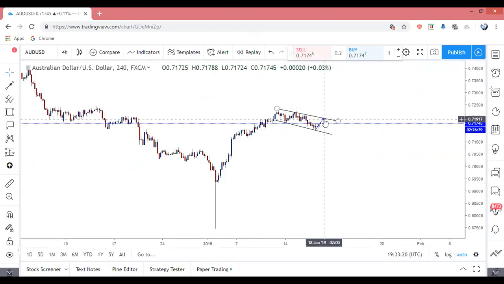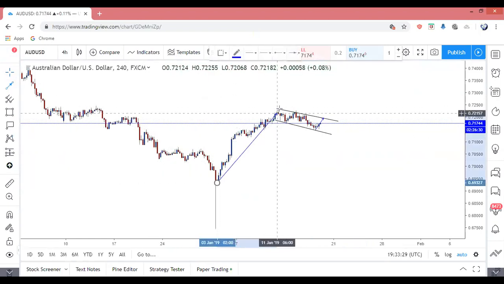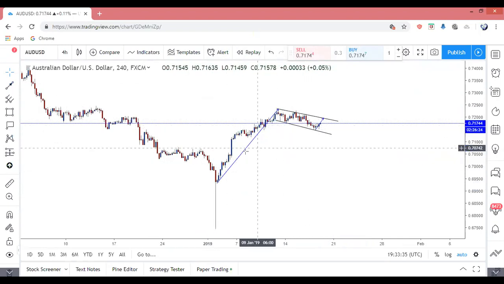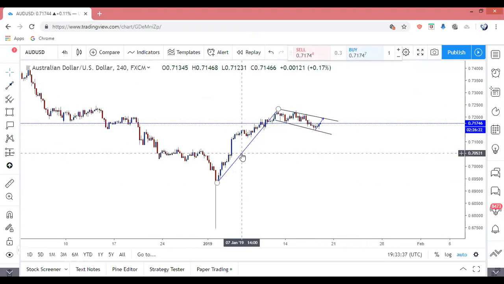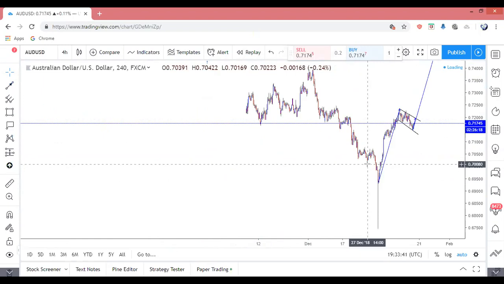Basically, the flag is a trend continuation pattern. In a typical, perfect world, this is how a flag works. There's a stick for the flag, and then there's the actual flag. When you trade a flag, you target the same length.